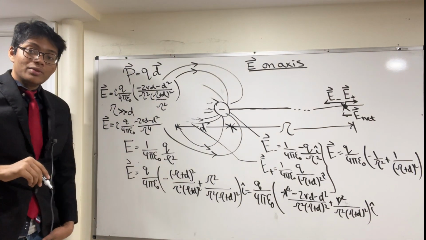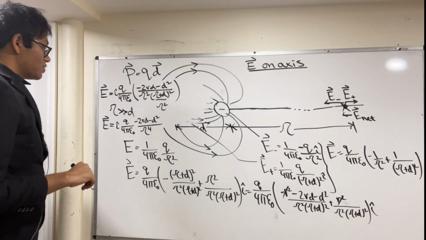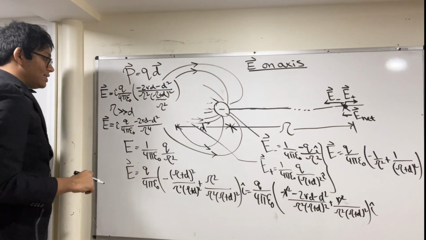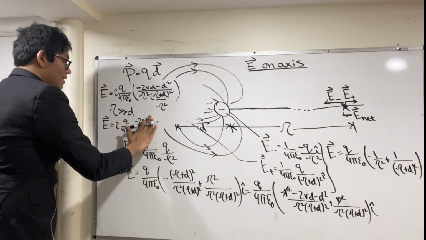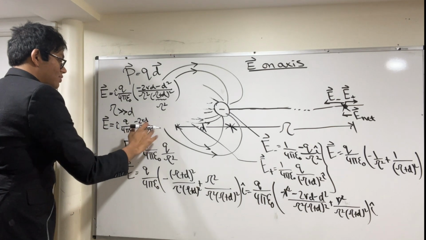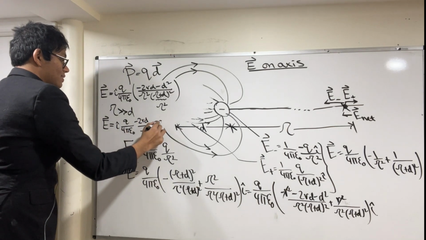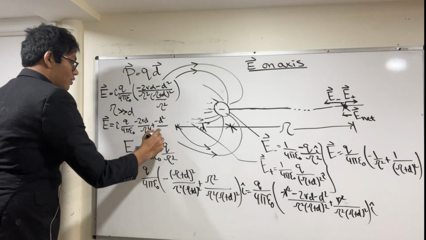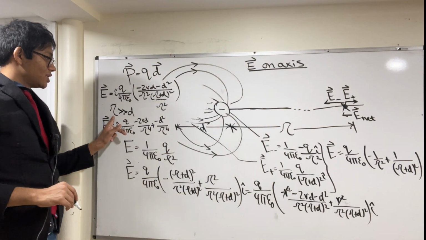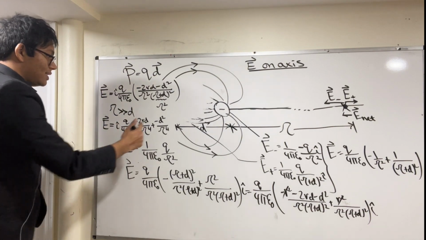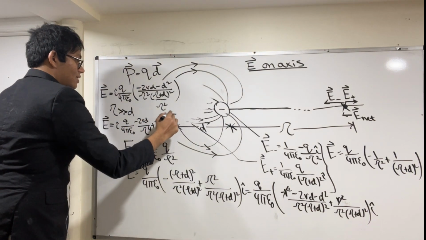I'm going to divide both of these by r to the 4th. So let's break up this fraction into minus 2rd over r to the 4th plus minus d squared over r to the 4th. But of course, when you're really far away from the charge distribution, when r is much greater than d, this second term is close to 0, right?